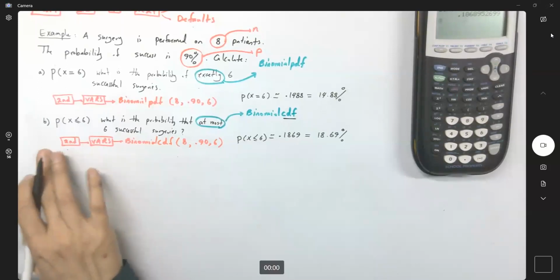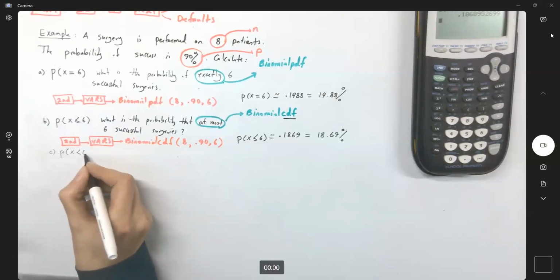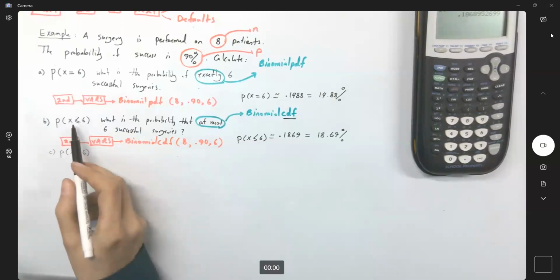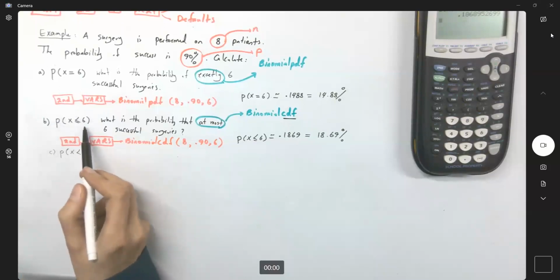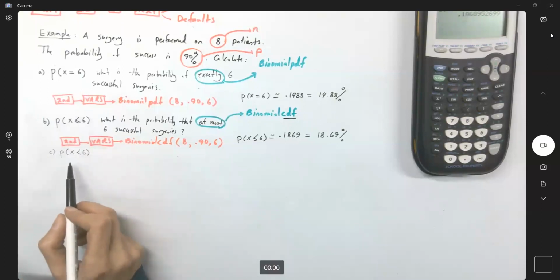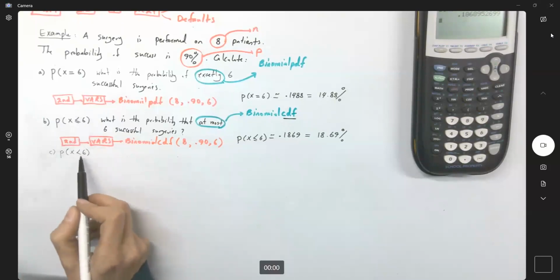C. So now suppose I ask you to find the probability that x is less than 6. What's the difference between these two? In B, I have equality. 6 is already involved in this calculation. But in C, I don't have any equality. X is less than 6.